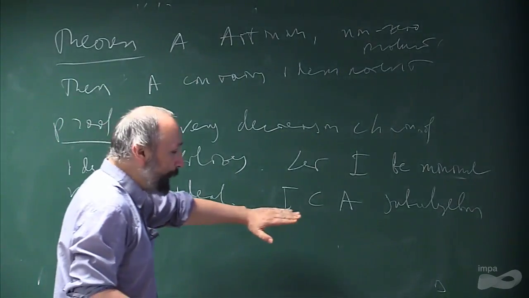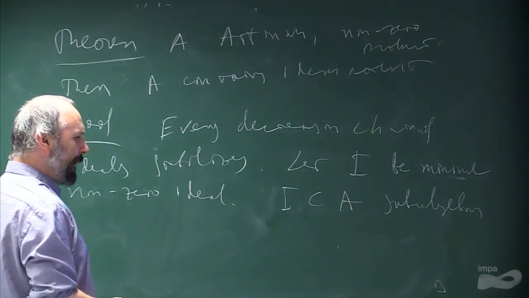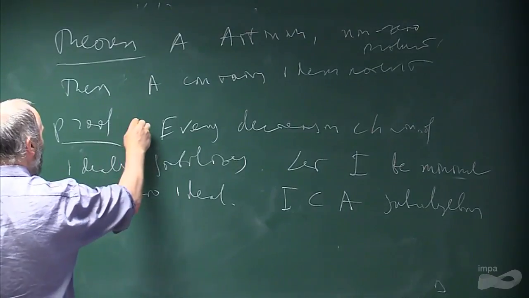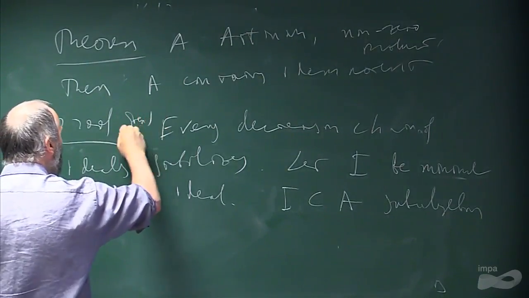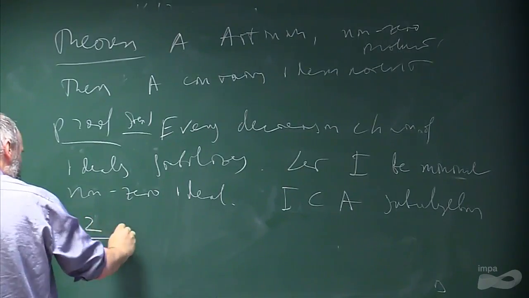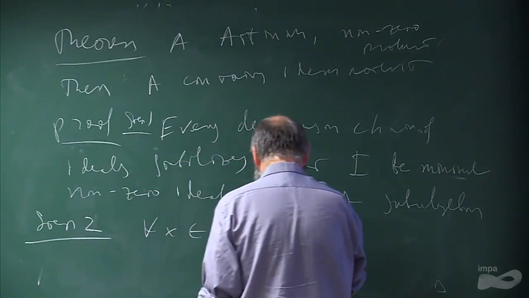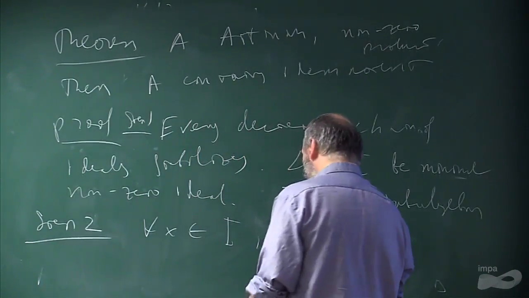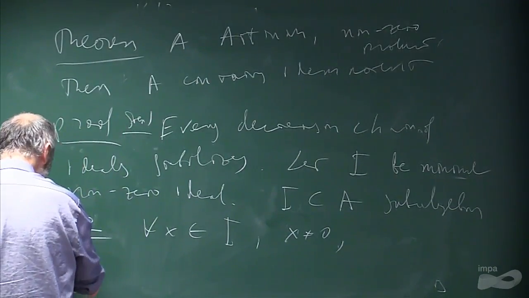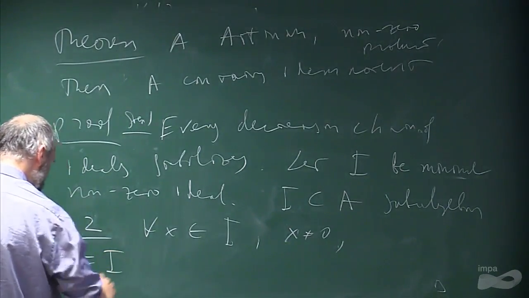In fact, I contains a unit, which will be idempotent because a unit is idempotent. Okay, this is step one. Step two, which is pretty obvious, is that for each x inside I which is non-zero, xI is I.